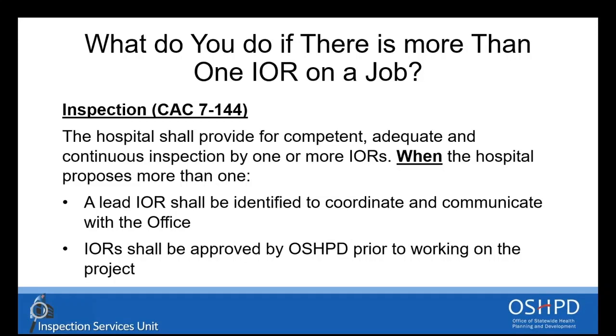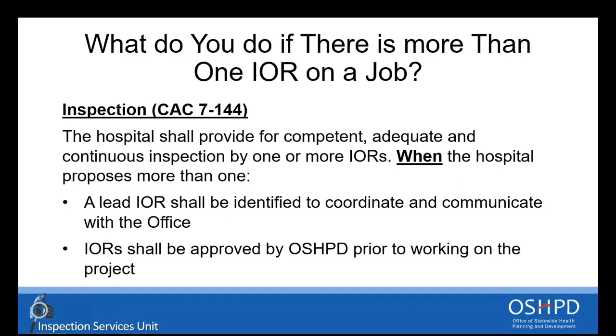And what do you do if the project has more than one IOR? So in 7144, it says that when there's more than one IOR, the duties of each individual shall be clearly identified. And on our TIO form, we actually have a page to list the duties of each individual.